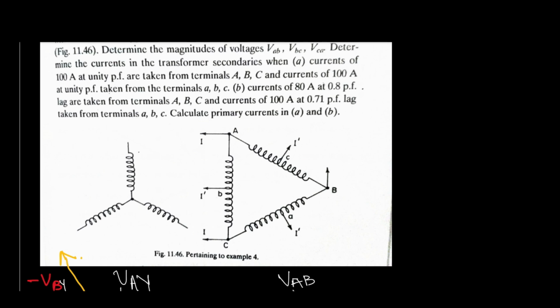So better you understand that whatever AB you get here is exactly the same as this AB, right? So in that way you can find the voltage phasor.